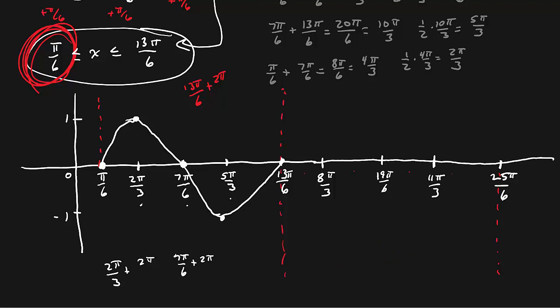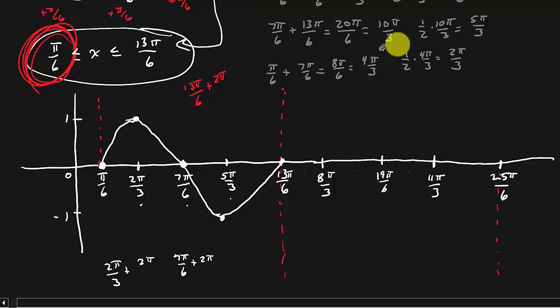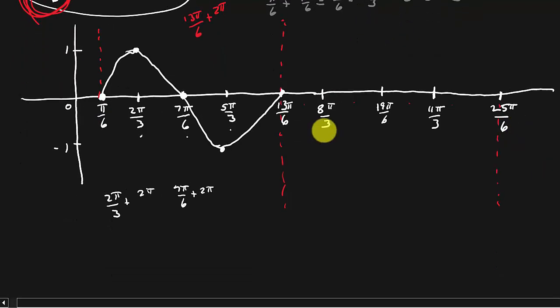And look, you can do this like we did up here. Let's take the 13 pi over 6 and 25 pi over 6 and find the midpoint. 13 pi over 6 plus 25 pi over 6 is 38 pi over 6, and that reduces to 19 pi over 3.